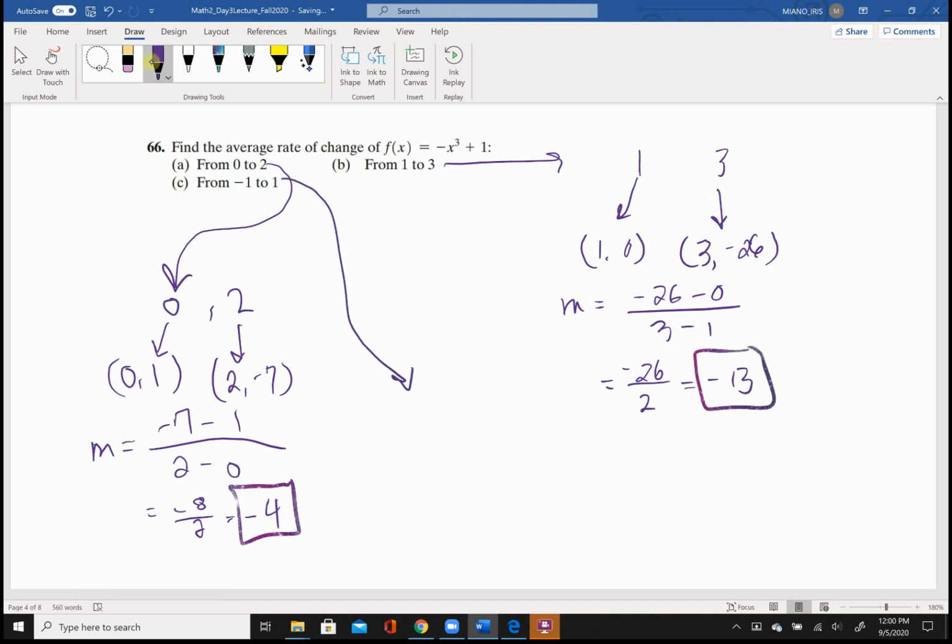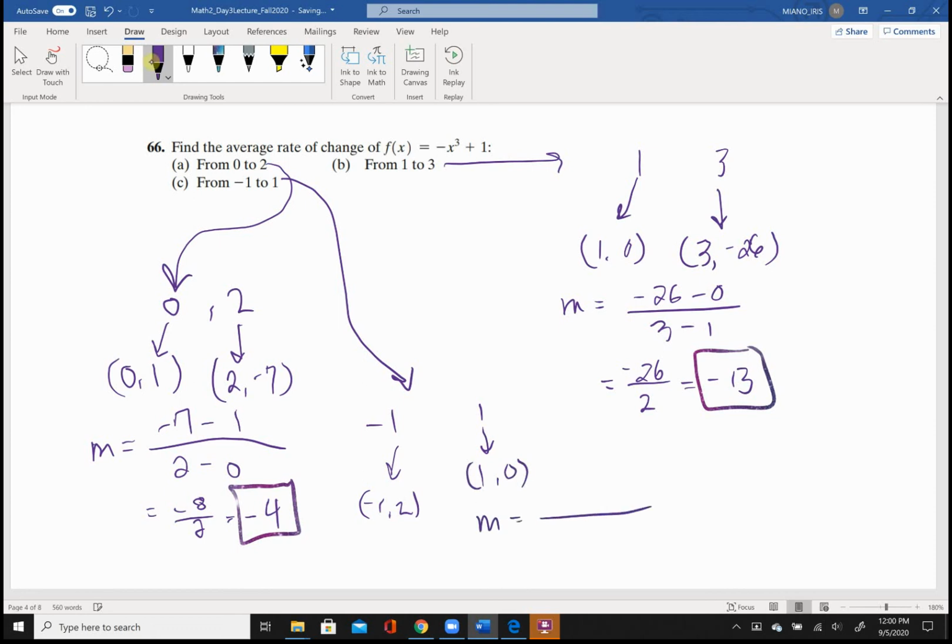All right, let's plug this in. -1 and 1 are 2 inputs. When -1 is the input, 2 is the output, so that's the ordered pair -1, 2. And this one we already did, it's 1, 0, right? Find the slope there.